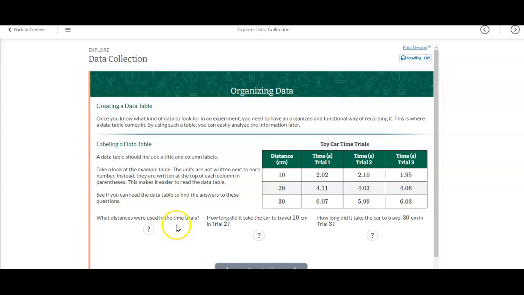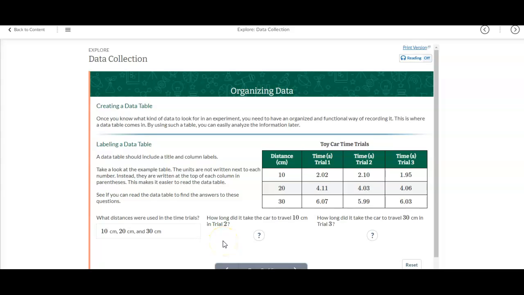So see if you can read the data table to find the answer to these questions. What distances were used in the time trials? So you have trial 1, trial 2, trial 3, and you have distance. So very easy, you can see 10, 20, and 30 centimeters.